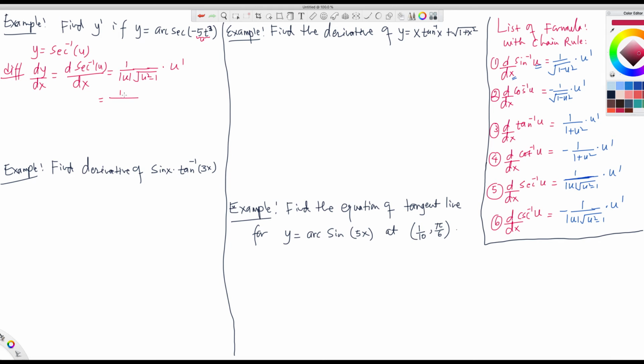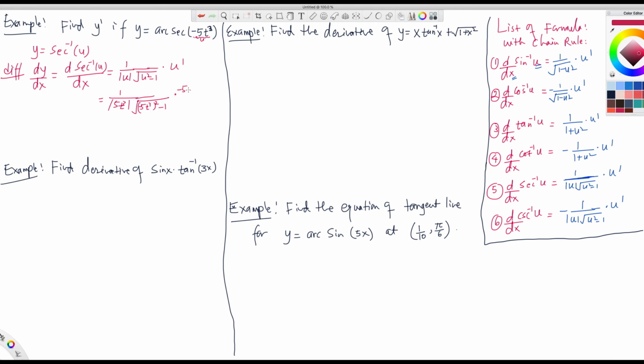1 over the absolute value of 5t cubed, because that u is actually with a negative sign, but since this is under the absolute value, it will be positive, right? And then under the root is negative 5t cubed, squared, minus 1, times u prime. What is the derivative of that?